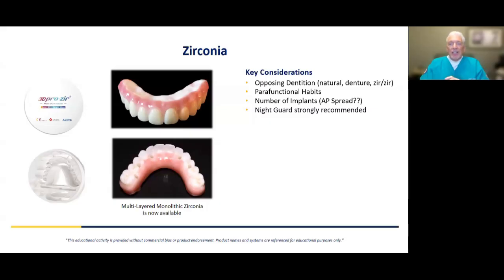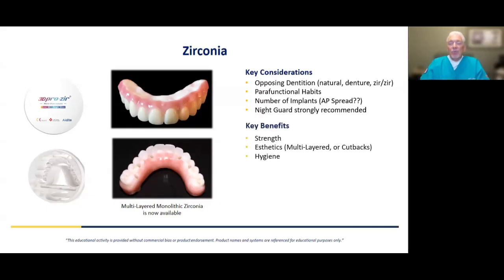Implant number, AP spread, your cantilevers, very rigid material. Patients really should wear night guards, whether it's a soft night guard at night, to protect against opposing natural dentition or other dentition. Strongly recommend that.